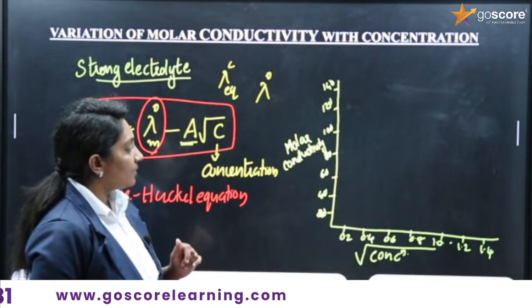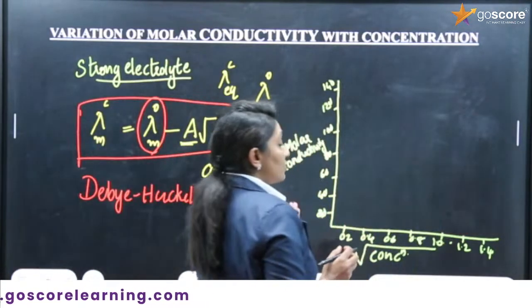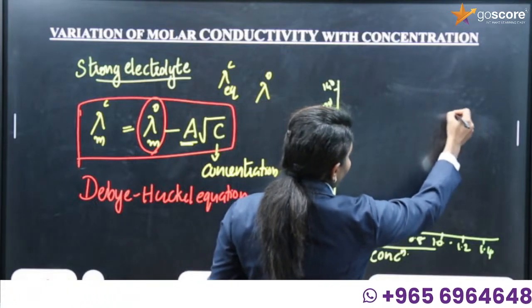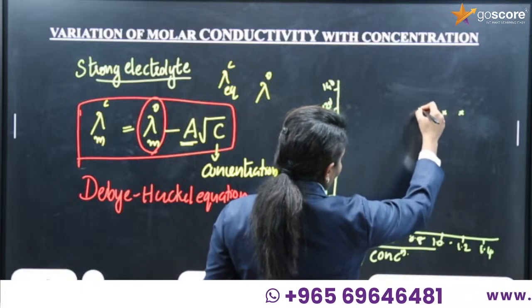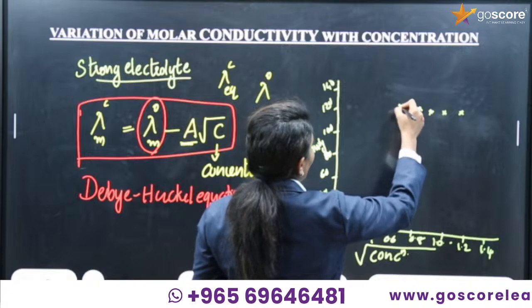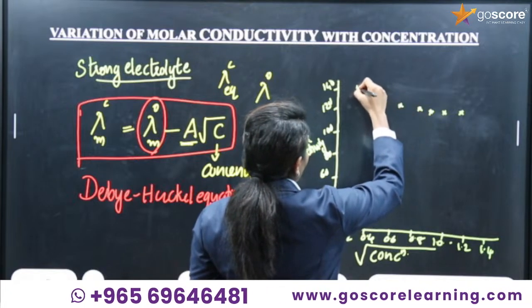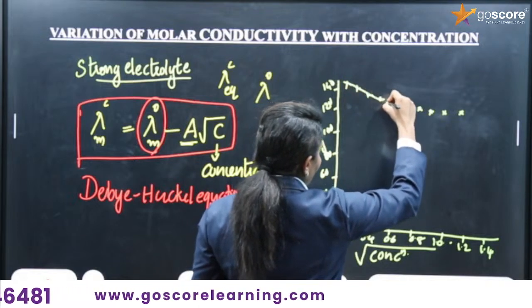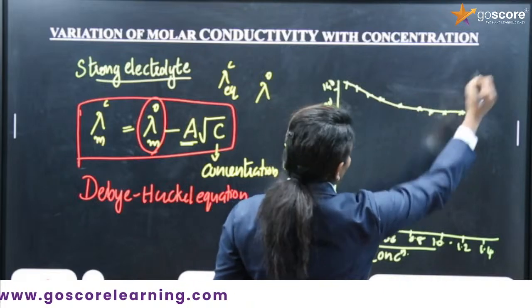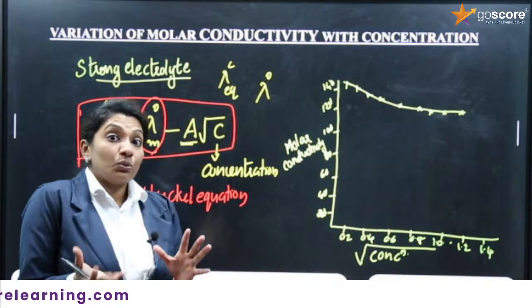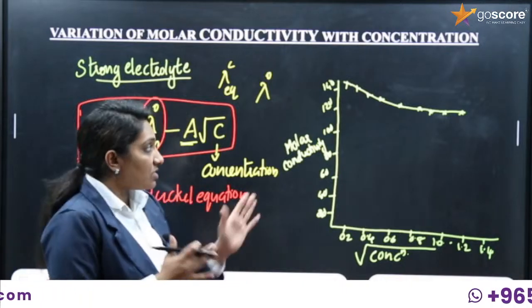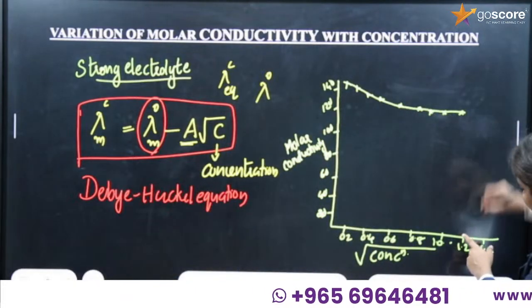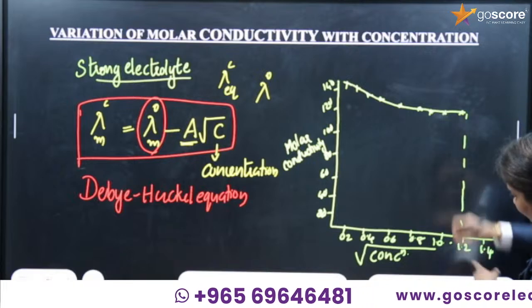So here, for a strong electrolyte, you can see that when you decrease the concentration, that means you are diluting the solution, you can clearly see from the graph that there is no large change in the molar conductivity.